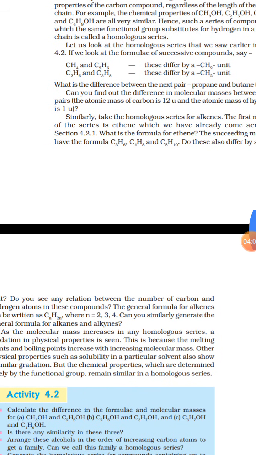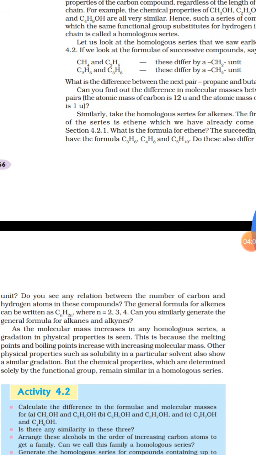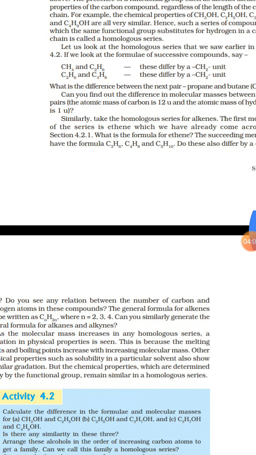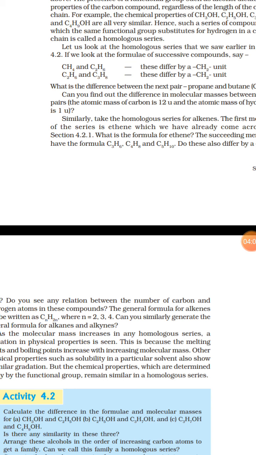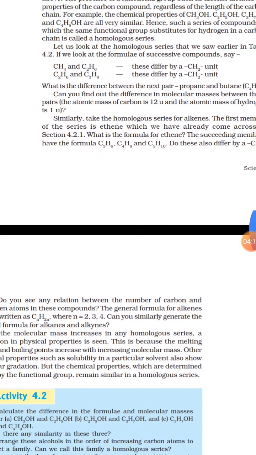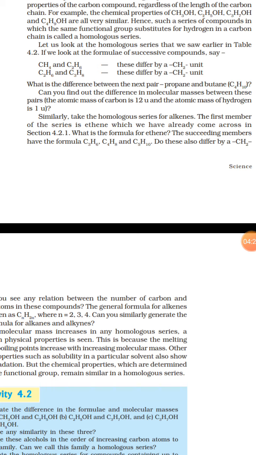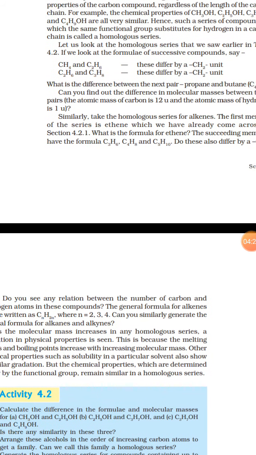It is also a kind of homologous series where CH2 is the difference, with different numbers of carbon atoms. Where 3 carbons come, we call it propane; where 4 carbons come, butane; and where 5 carbons come, pentane.